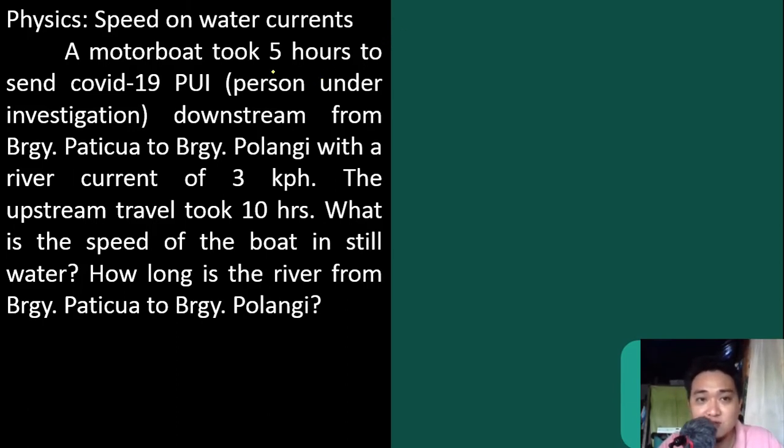A motorboat took 5 hours to send a COVID-19 patient, PUI, or person under investigation, downstream, pababa, from Barangay Patikwa to Barangay Polangi with a river current of 3 kilometers per hour. The upstream travel took 10 hours.